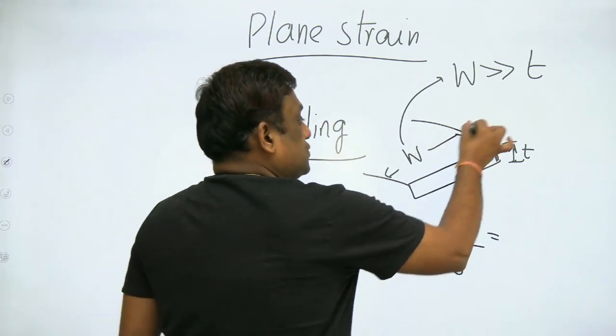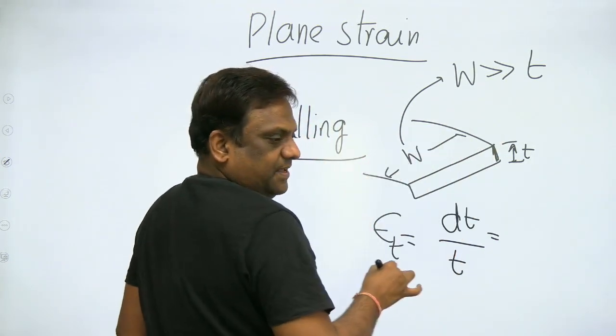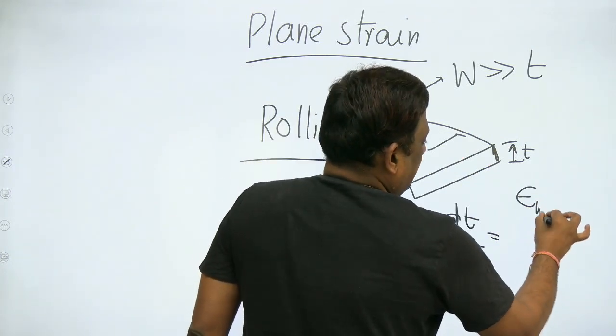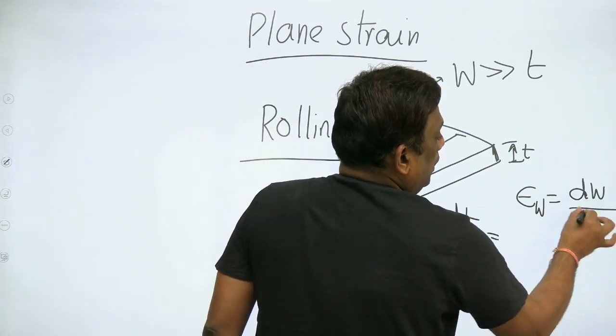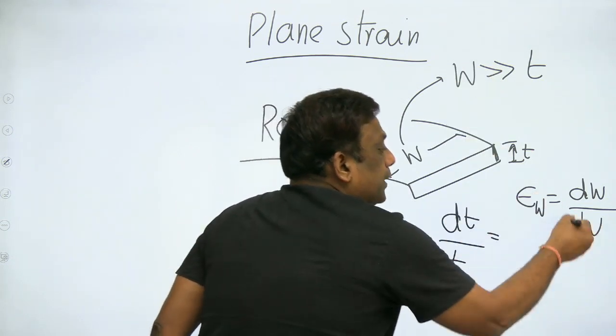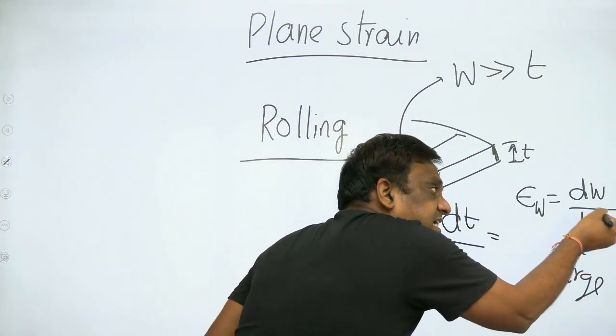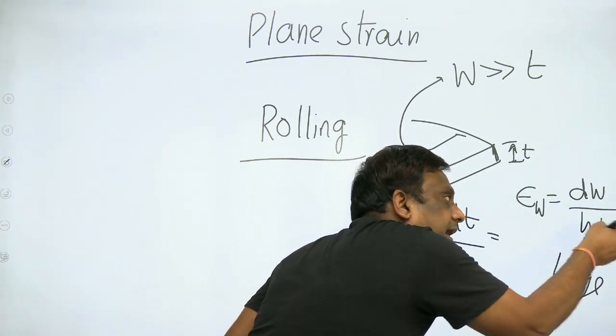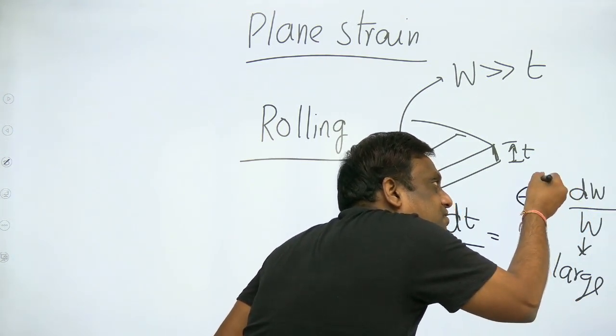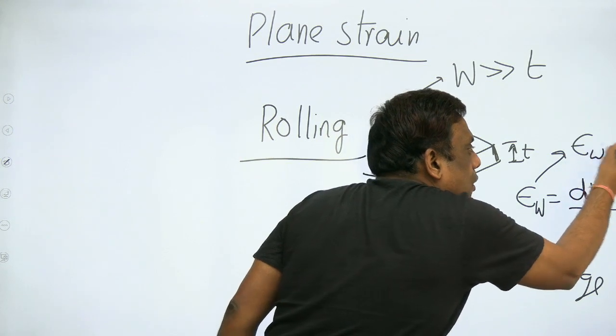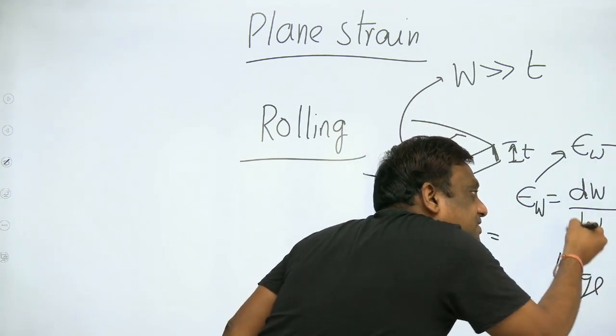Now let us find out strain in the width direction. Strain in the width direction is change in width to the original width, and this W is very large. When one of the dimensions is very large, this will be negligible. Strain will tend to zero when one of the dimensions is very large.